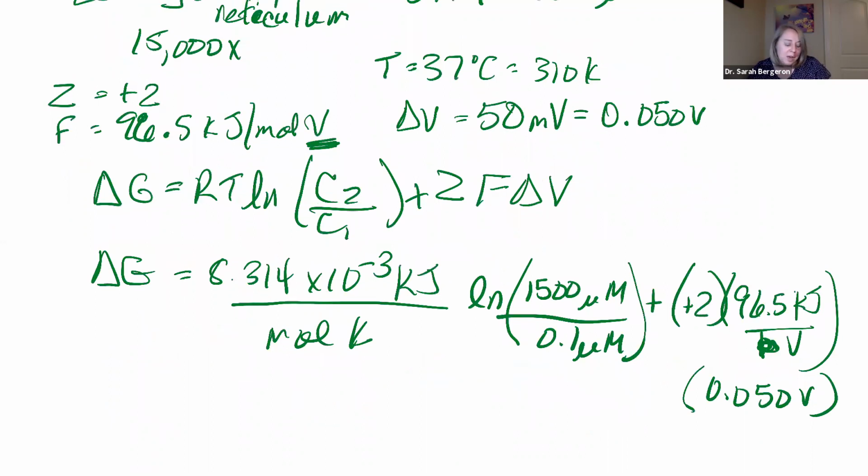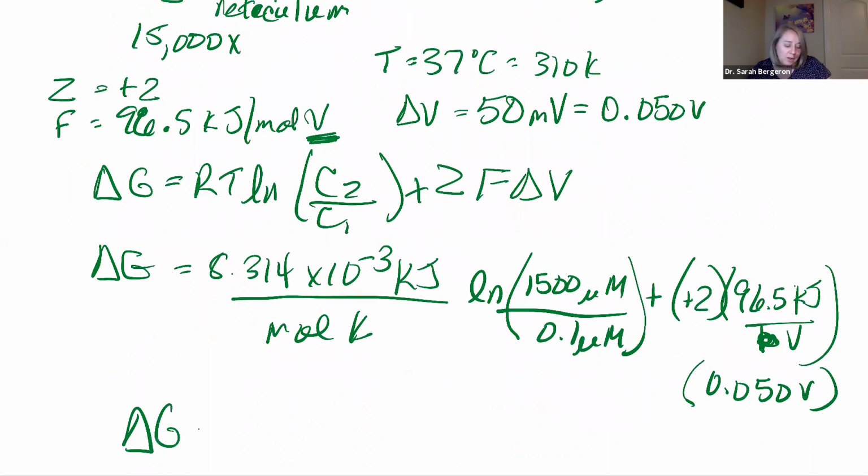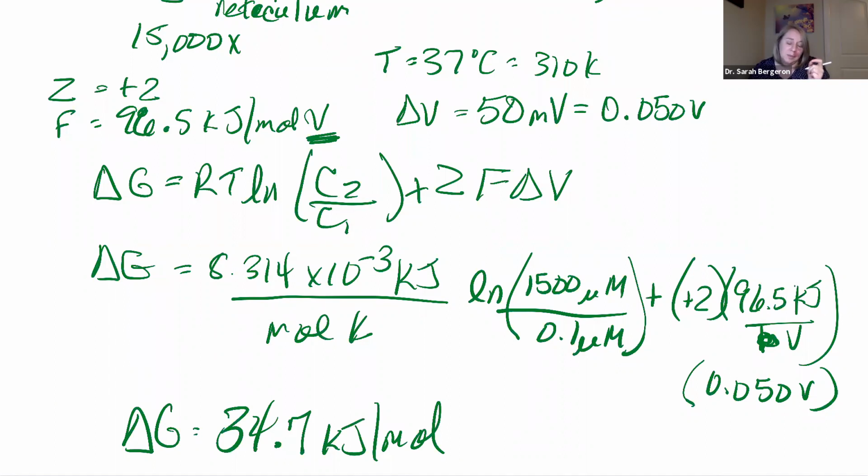Okay, so when you do the math, what do you get for delta G? You should get delta G of 34.7 kilojoules per mole. So is this going to happen spontaneously? No, it's super unfavorable, right? So the cell is going to use the energy equivalent of ATP hydrolysis. It's not the breaking of the bond that has the energy, but the coupled reaction that provides that energy.